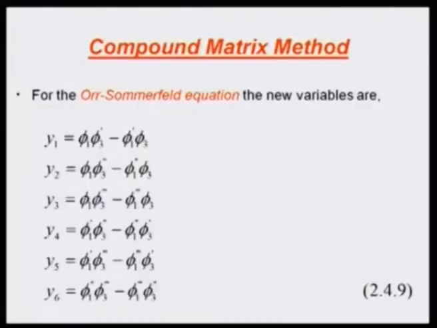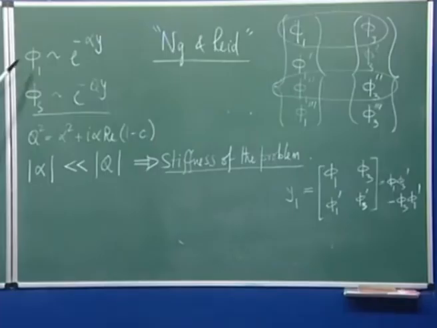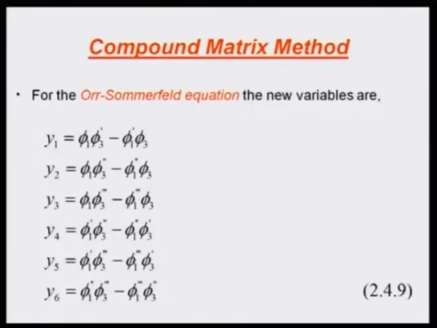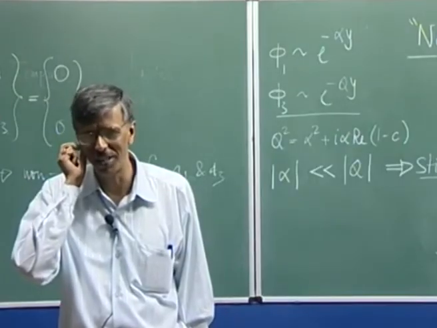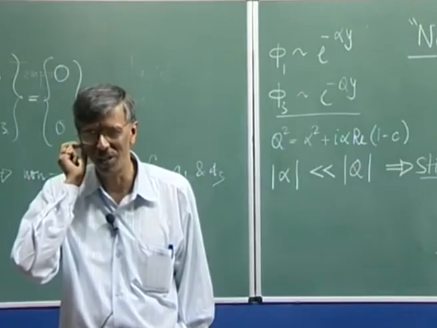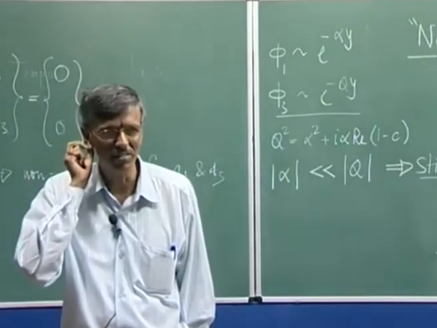Once again I write this phi 1 and phi 3 like this and substitute it there. Then what do I find? The exponential part will still be the same thing. So, at least we have ensured that y 1 and y 2 grow or decay at the same rate.